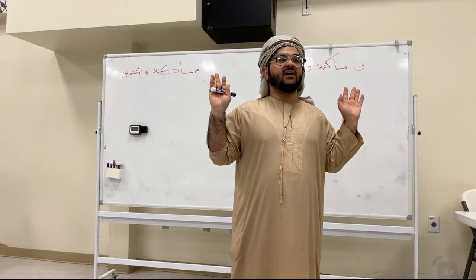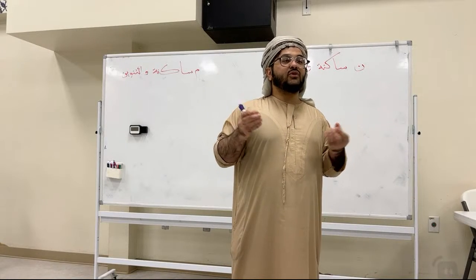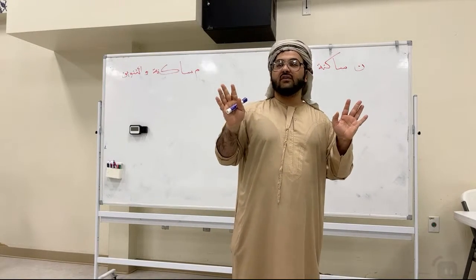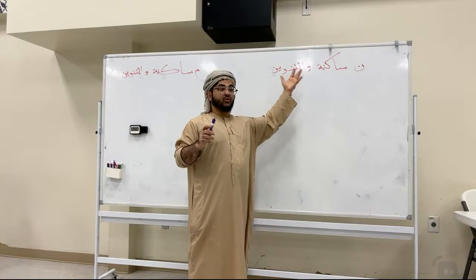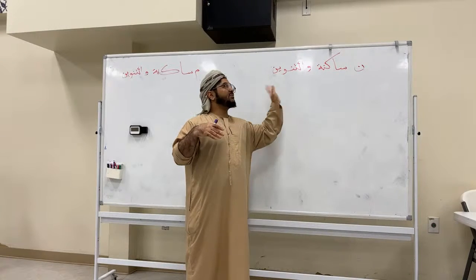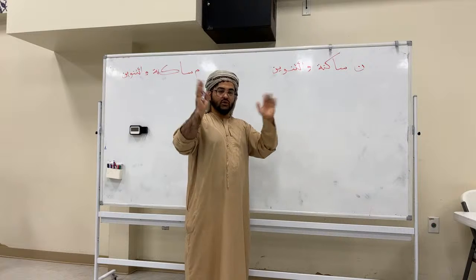It's noon sakina, but you don't write it. It only appears when you continue. If you stop, it's not there anymore. So tanween takes the hukum, the rule of noon sakina, when you continue. If you stop, it's not there. But noon sakina takes the grammar if you continue or if you stop.